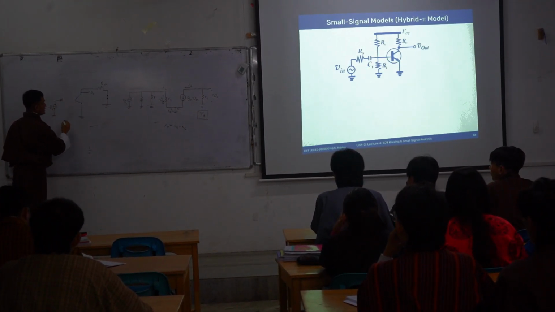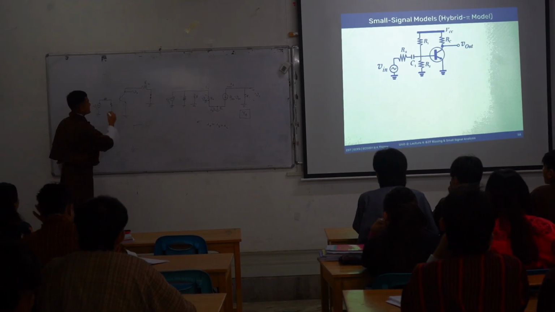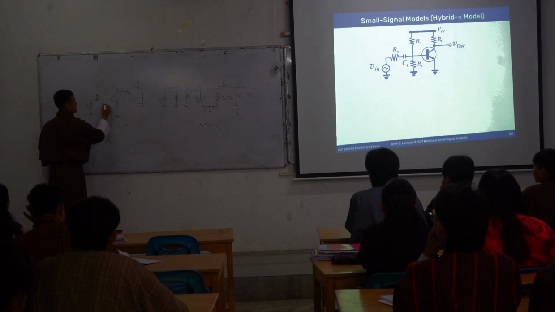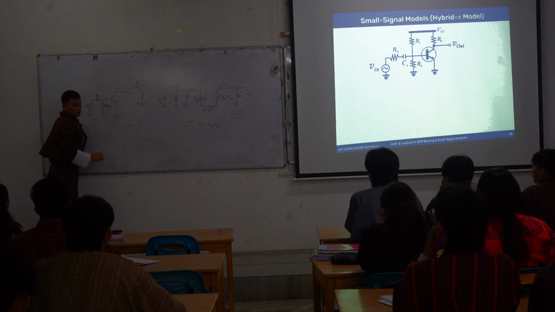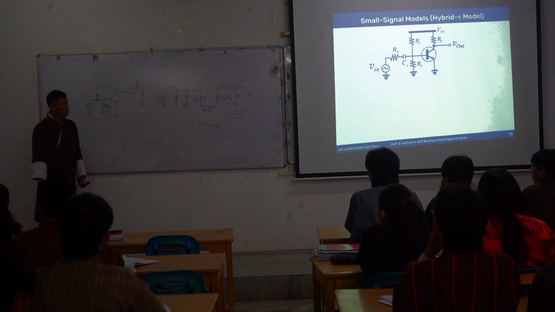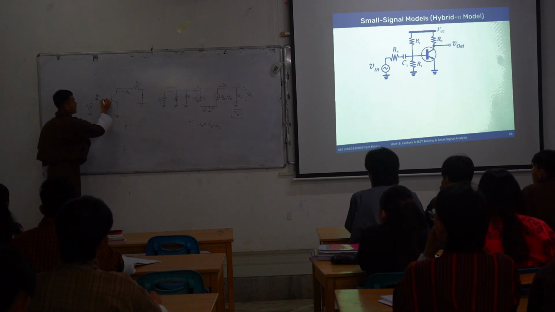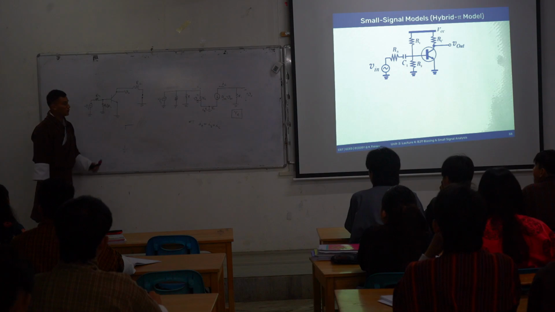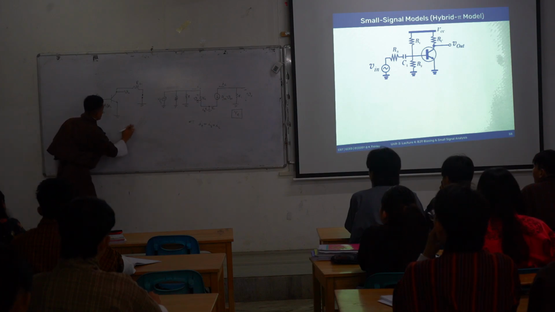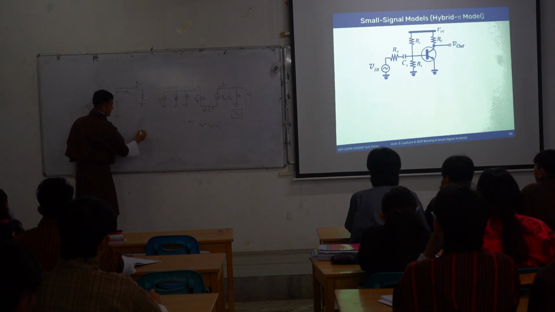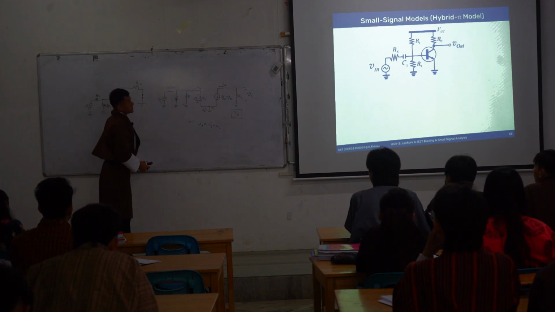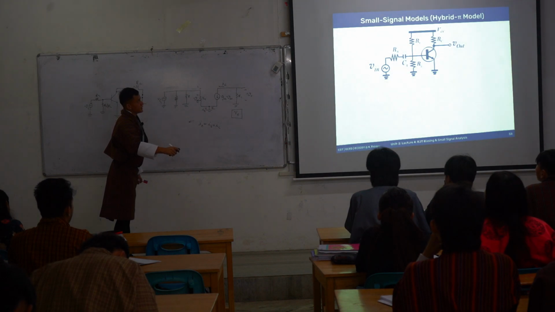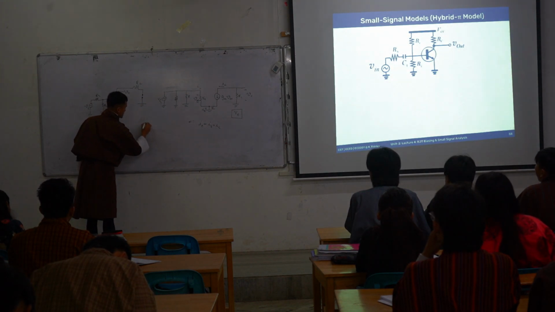There is RB, RS. This R would be R1 parallel with R2. If you see here, this is one node. Why is this parallel? Because in AC analysis, this particular DC source will get grounded.